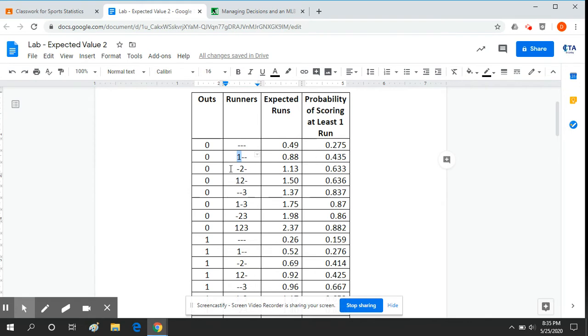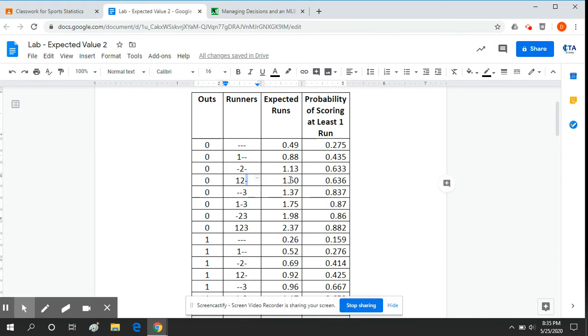of scoring a run. If we move here, this would be a runner on second with first and third empty. So again, if you have a runner on second, you're going to average more runs than when you have a runner on first. And then it just goes from there. This would be a runner on first and second, but third base is empty.